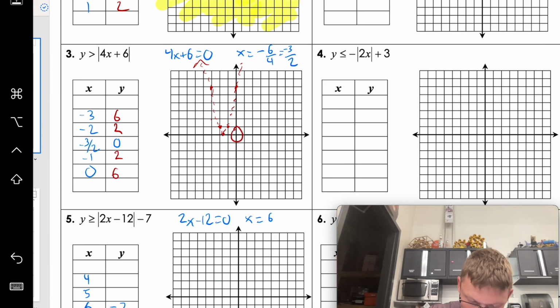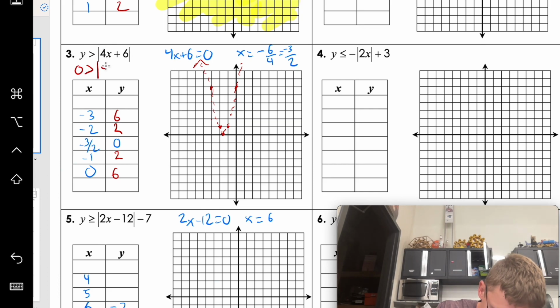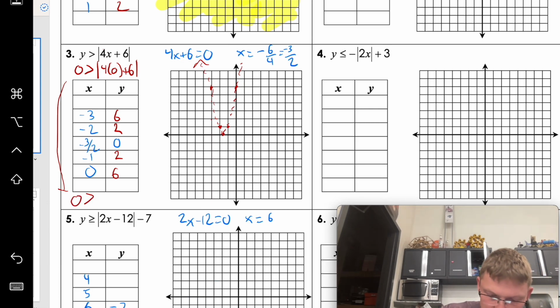So if we plug 0 in for both x and y, we're going to have 0 is greater than 4 times 0 plus 6. So then that is going to turn into 0 is greater than 4 times 0 is 0 plus 6 is 6.